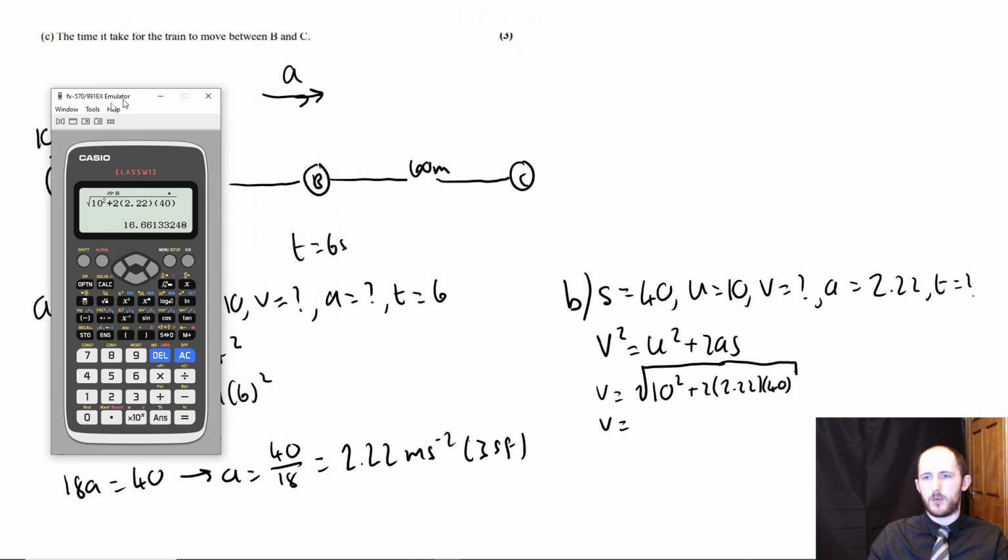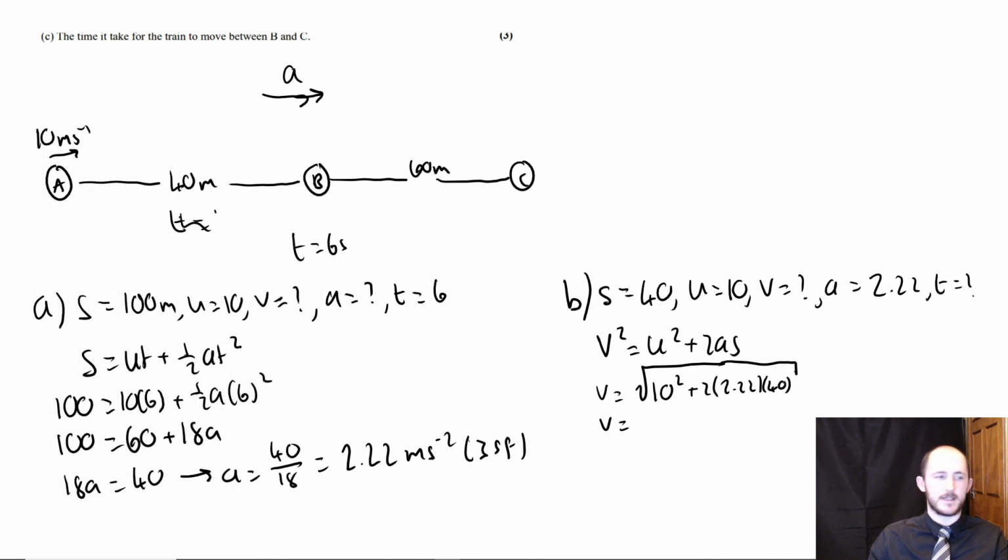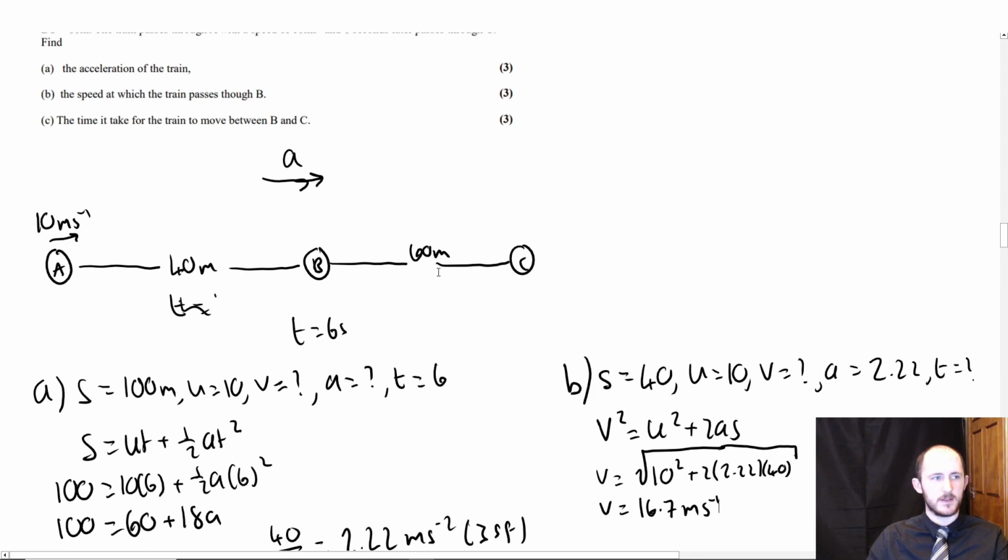And that is 16.7 meters per second for that one. So again, if you want me to go through that one more time, I'm more than happy to. But hopefully that makes sense.